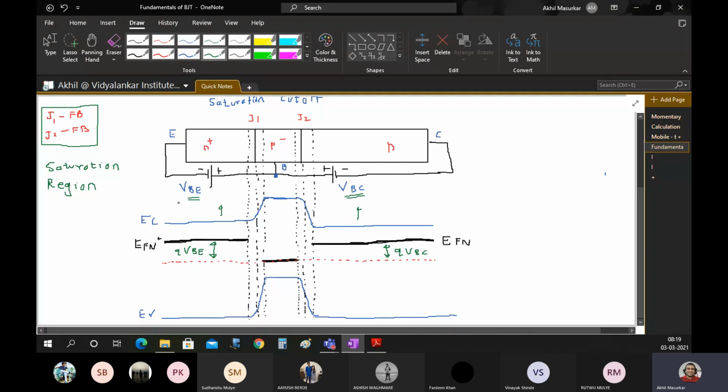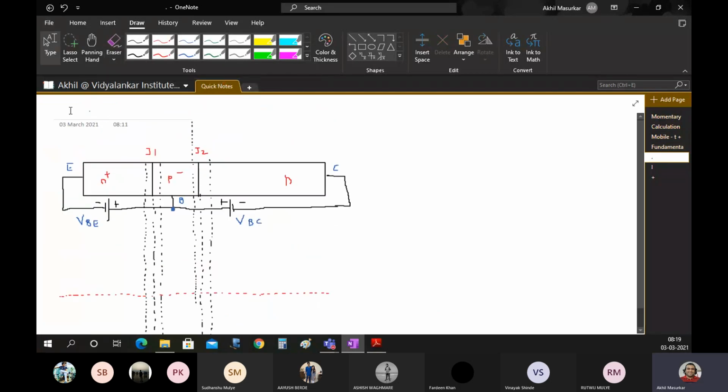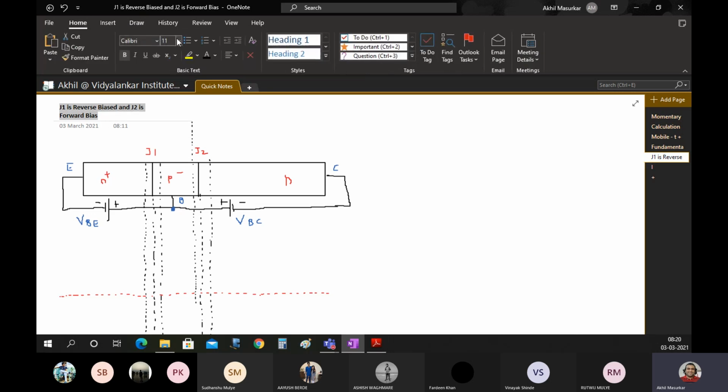Now we will write here that J1 and J2 are, so we will say J1 is reverse biased and J2 is forward biased. So let's see how you do this. Come on, you will do this, okay?